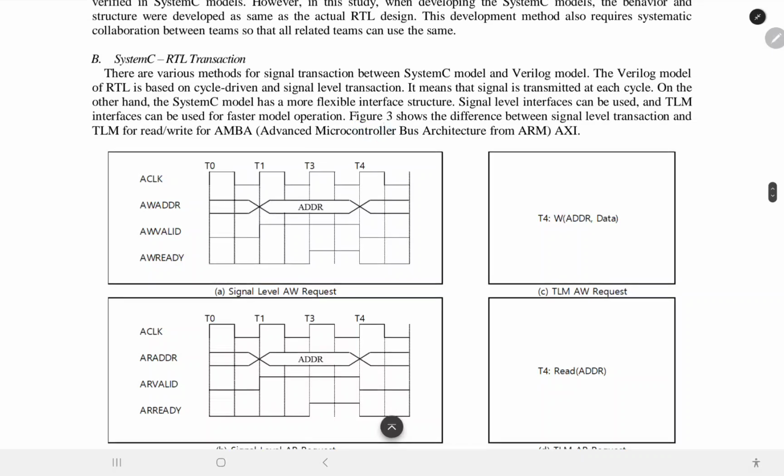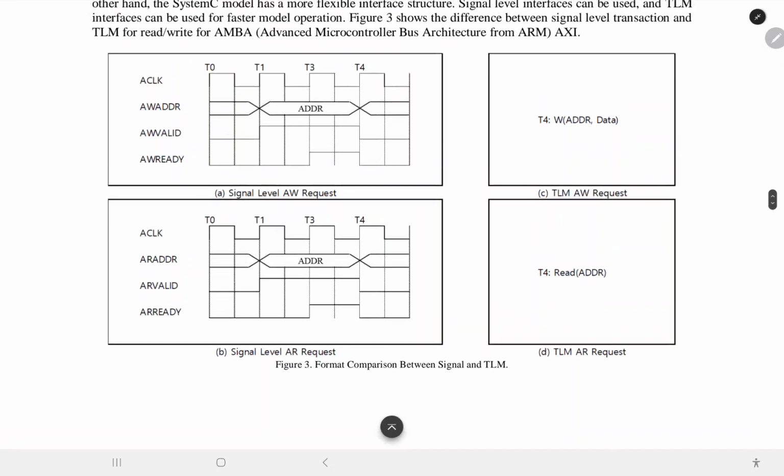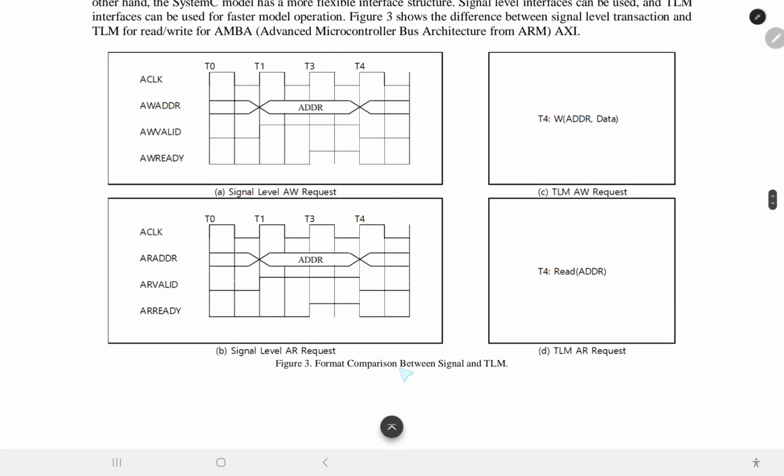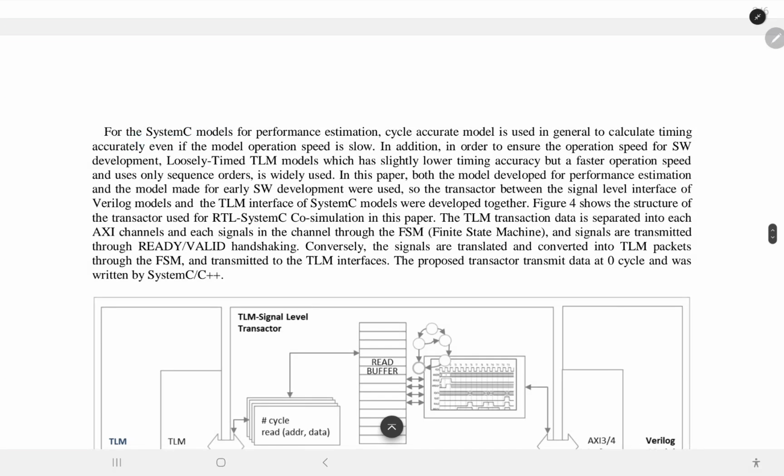Figure 3 shows the difference between the signal-level transition and the TLM for read or write for AMBA, Advanced Microcontroller Bus Architecture from ARM, AXI. Figure 3, format comparison between signal and TLM. For SystemC models for performance estimation, a cycle-accurate model is used to calculate the timing accurately even if the model operation speed is low.